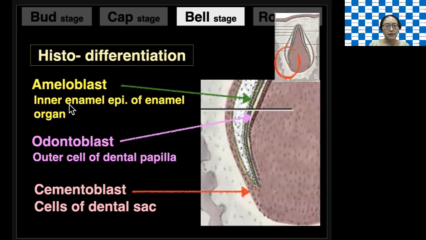So ameloblasts come from the ectoderm, the oral epithelium, and the odontoblasts are differentiated from the outer cells of the dental papilla, so they come from the ectomesenchyme. And then cementoblasts are the cells of the dental sac touching the root dentin in the future, so they also come from the ectomesenchyme.